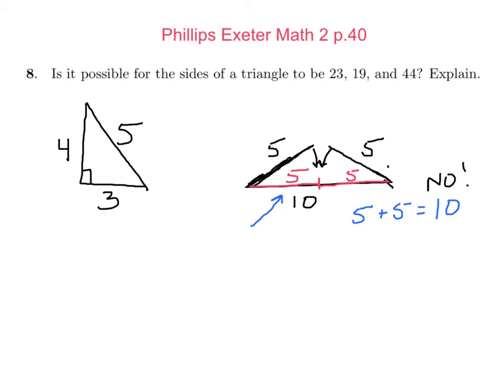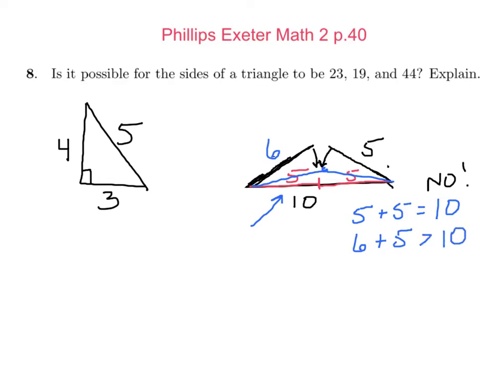So I could make one that is length 6, and 6 would work because eventually they would touch, probably down in this region somewhere. You could draw a 6, a 5, and a 10, and because 6 plus 5 is greater than 10, that works.